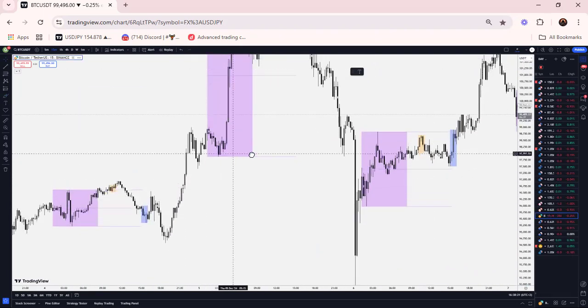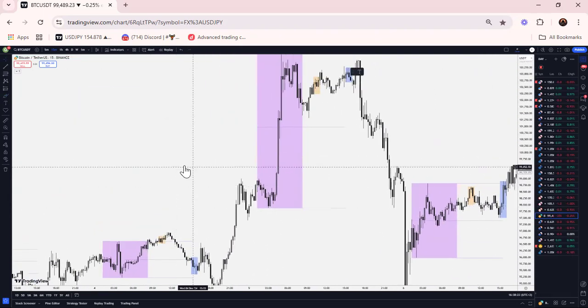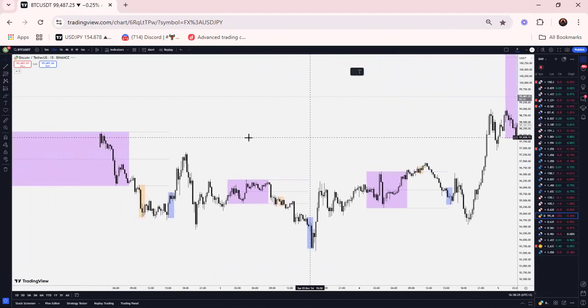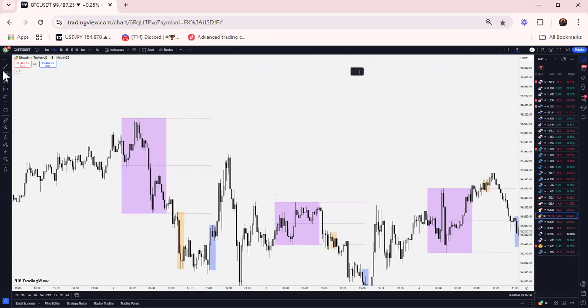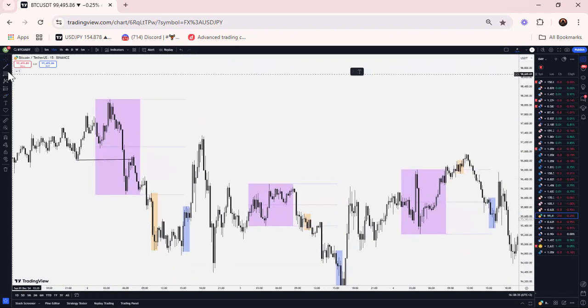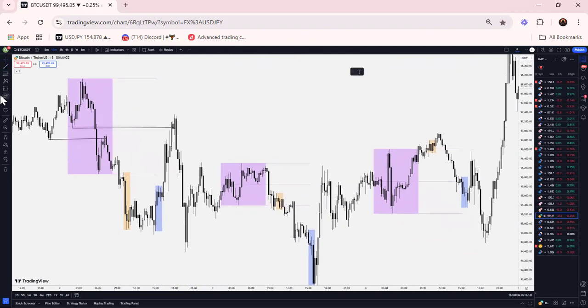So as you can see, we have that one. You have that EVA from here, and also you still have that one. Because we still have some inefficient price action, price comes back again.